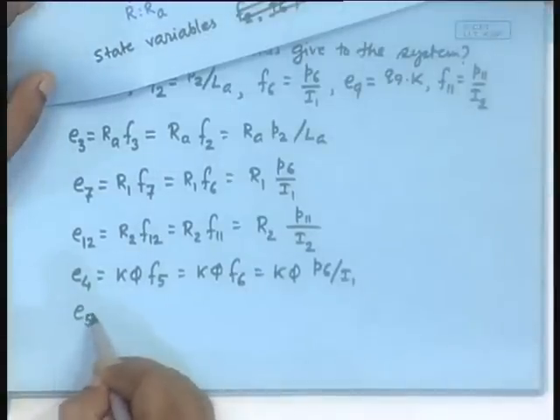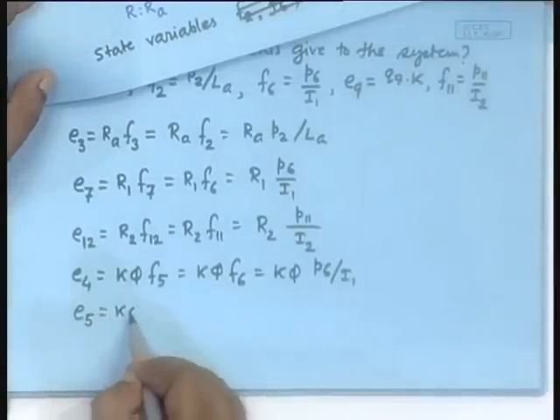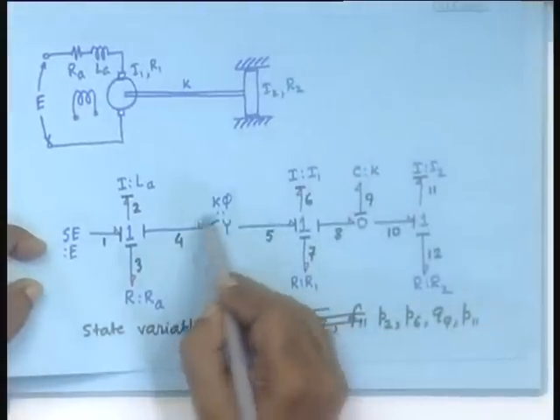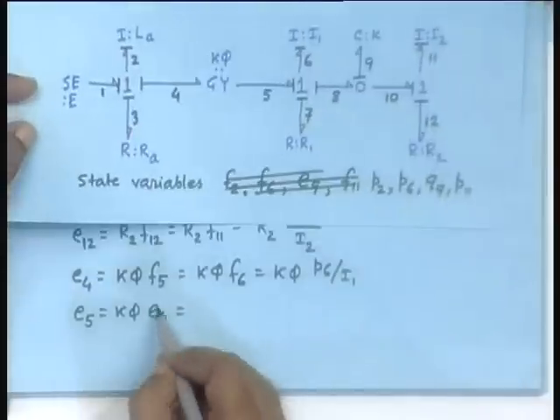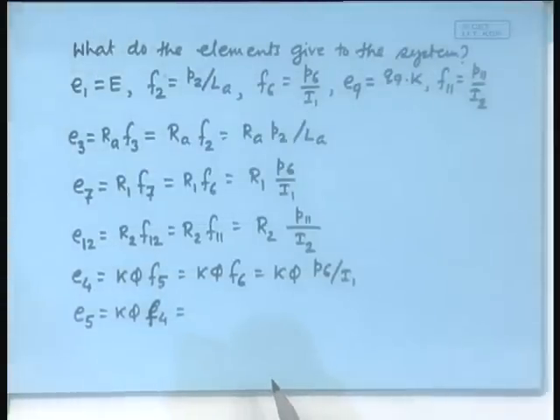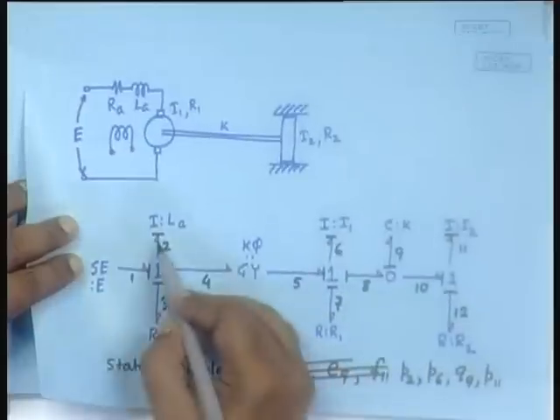Therefore, E5. E5 is K5 times F4. Now, where does F4 information come from? F2, simple.